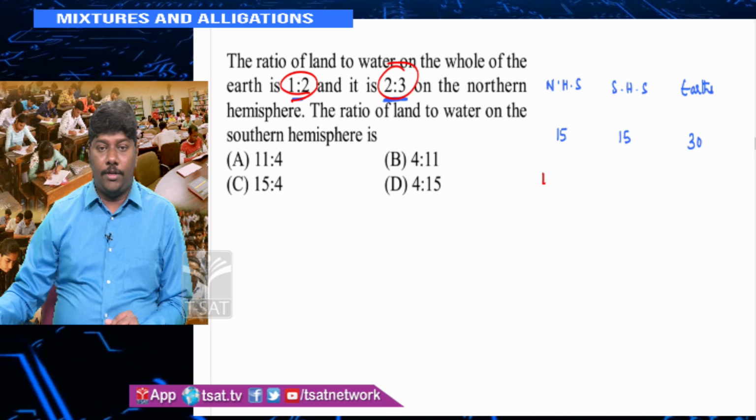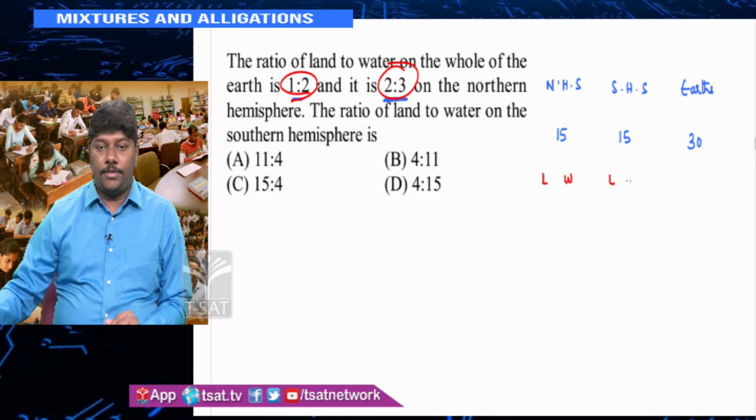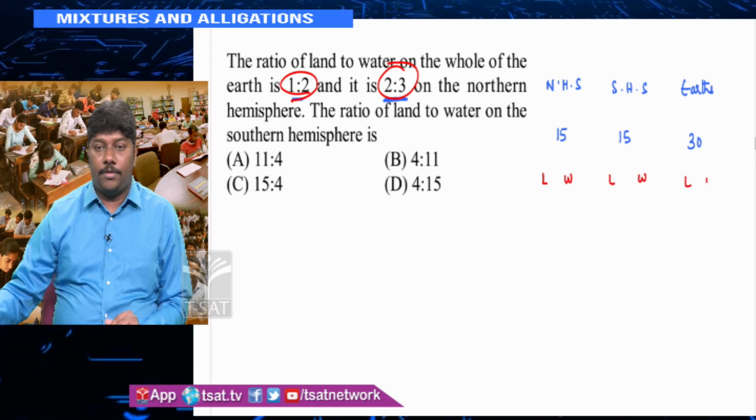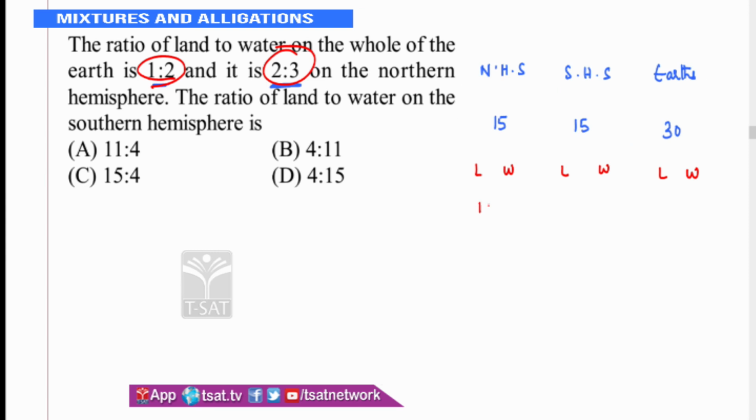Now land and water in this, in the whole earth. Divide into the given ratios 1:2, 2:3. Divide 15 in 1:2 ratio. So the whole of earth is 1:2 ratio, this is 2:3. Whole earth is 1:2. 5 parts is 15 means each part is 3. Therefore, land is 6, water is 9. 3 parts is 30 means each part is 10.